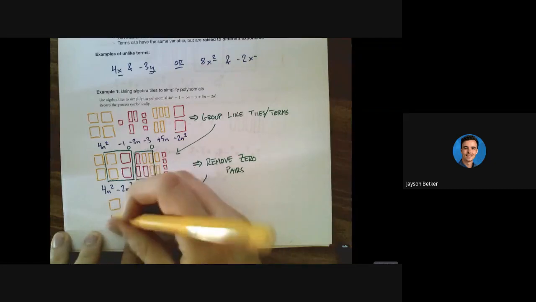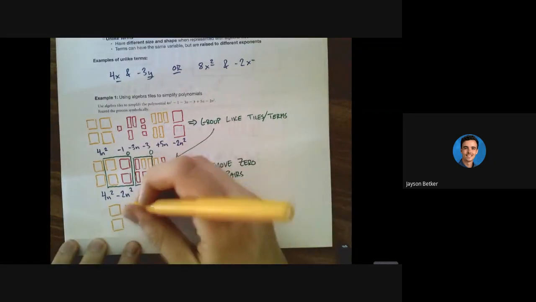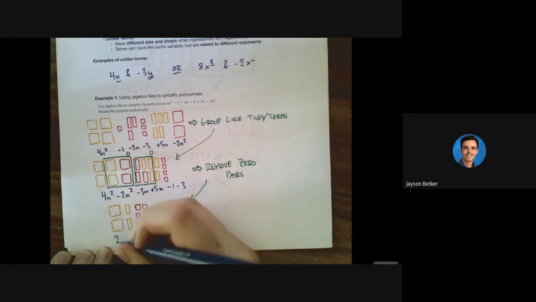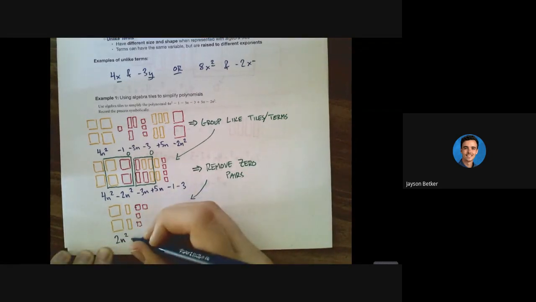And when I do that, I just draw what I have left. It's really not a difficult step. I have 2 of those left. I have 2 of these left. And I have 4 of these left. Drew them a little bit bigger that time, but that's okay. That's all I have left. So then all you have to do is write out the terms that you have left. 2n squared plus 2n, right?